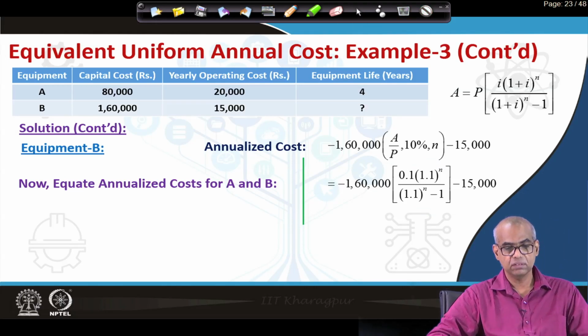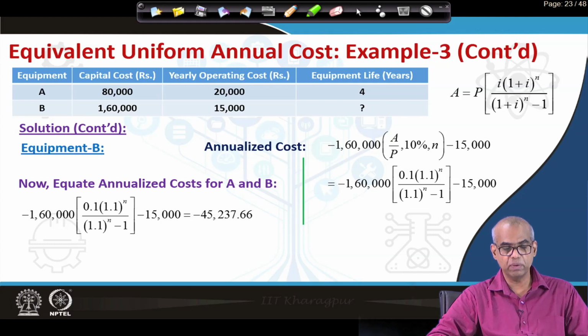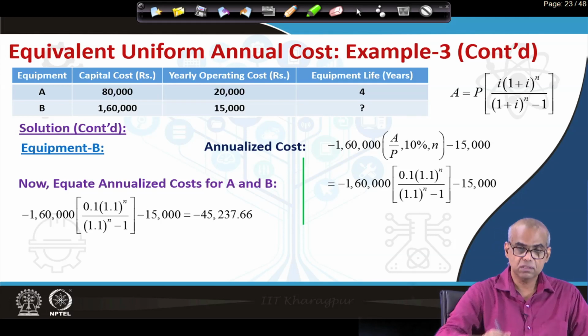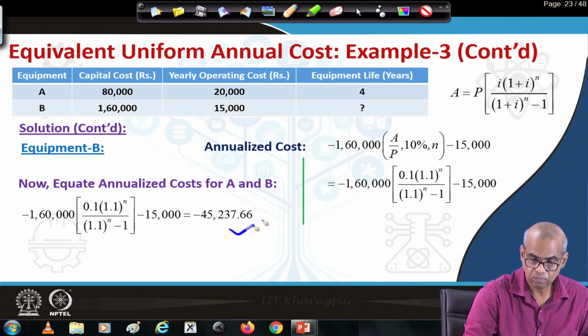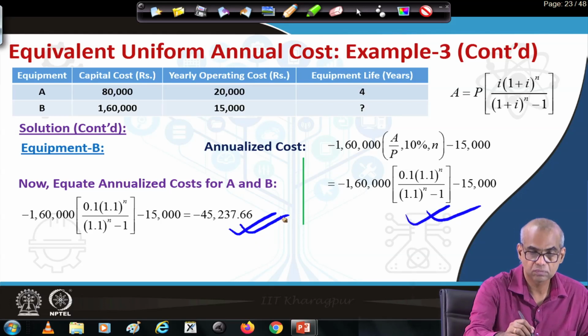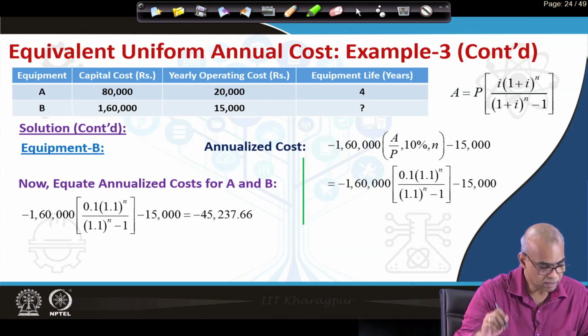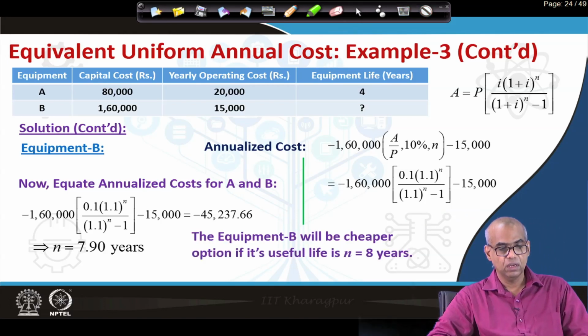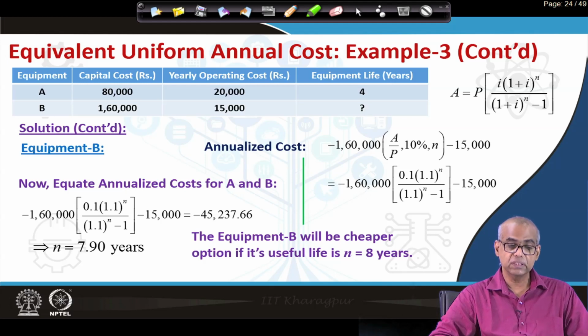Now, we equate the annualized cost for equipment A and equipment B. Annualized cost for equipment A was obtained as 45,237.66. So, I equate this with this and solve the resulting expression. We obtain n as 7.90 years.